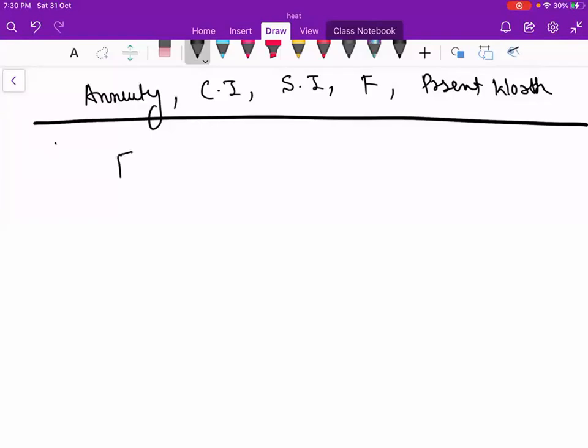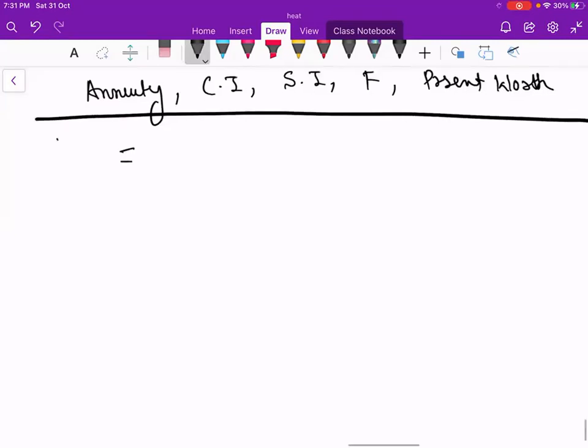So if it is annuity due, what will be the formula? Break, why break? Only after 1.5 hour.